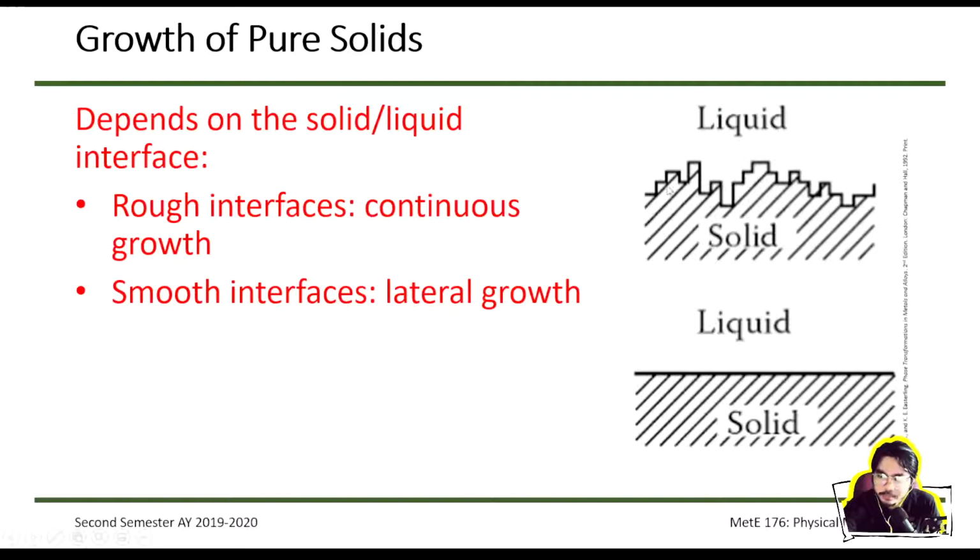And we can imagine this as something that looks like this. And when you have a rough surface, ang natural tendency ng material mo or ng specific na species mo, in this particular case yung metal, is to grow continuously, no? Which is different from having a smooth surface. When you have a smooth surface, more lateral yung growth niya.